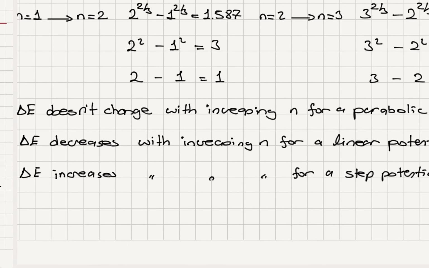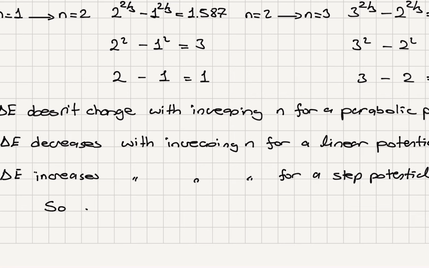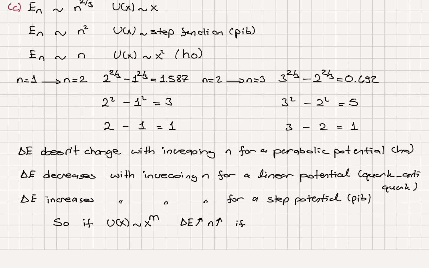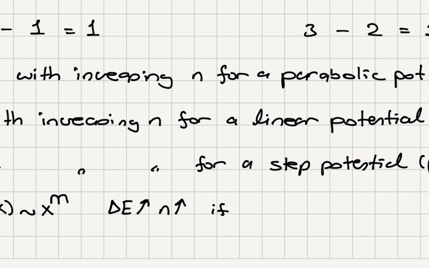So let's write a general rule. If the potential energy as a function of x is proportional to x to the power m, the separation between the energy levels increases as n increases if m is greater than 2.